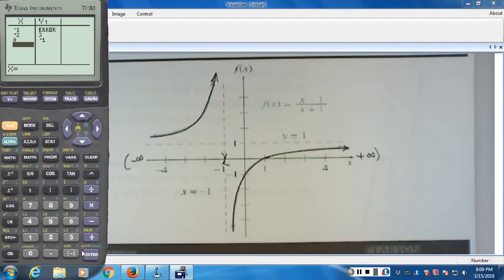The only thing we would need to do to get that graph is to pick a few more points fairly close to the critical value. So we've already used negative 1, so we'll skip over negative 1 and go to 0, and 1, and 2, and see that that's what's happening.